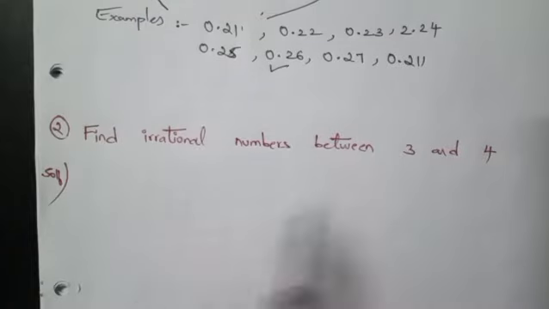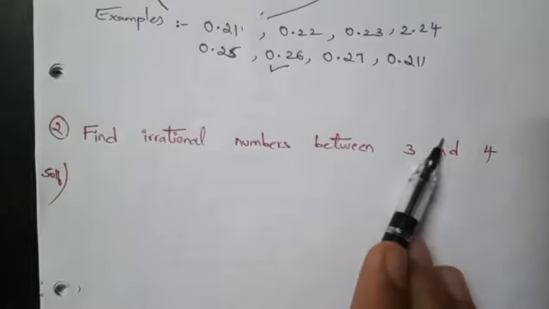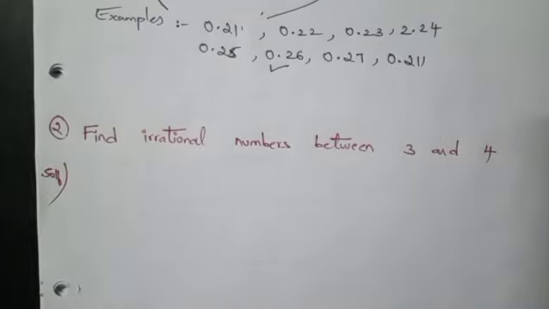Another example I want to teach you. This is not in fraction form. You have to find an irrational number between two rational numbers, but this is not in fraction form.